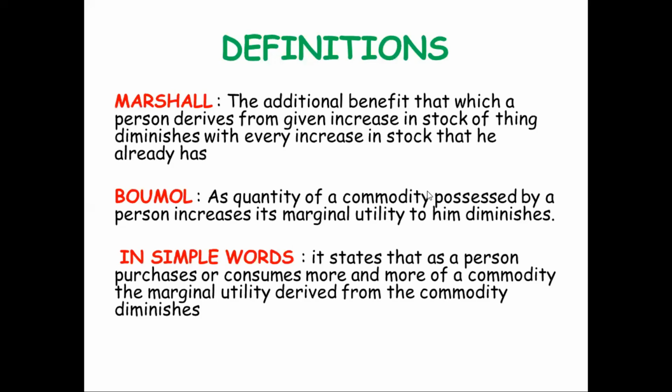And then Baumol: as the quantity of a commodity possessed by a person increases, its marginal utility to him diminishes. And in simple words, this law states that as a person purchases or consumes more and more of a commodity, the marginal utility derived from the commodity diminishes. So these are the definitions which you may have to write in the examinations.